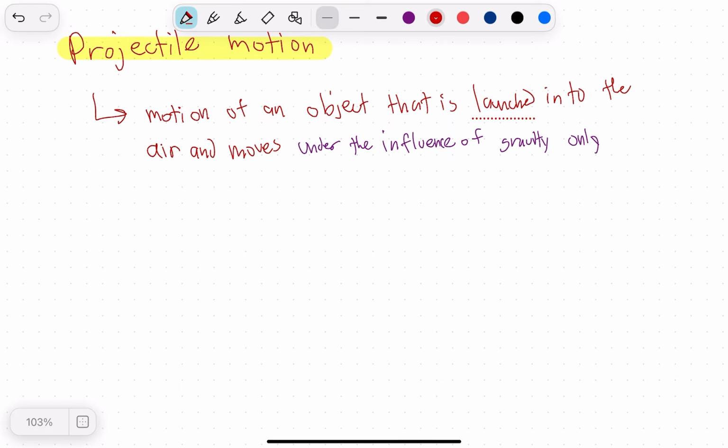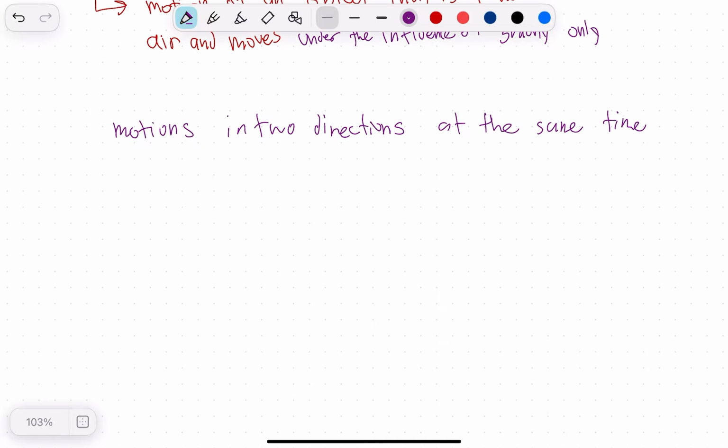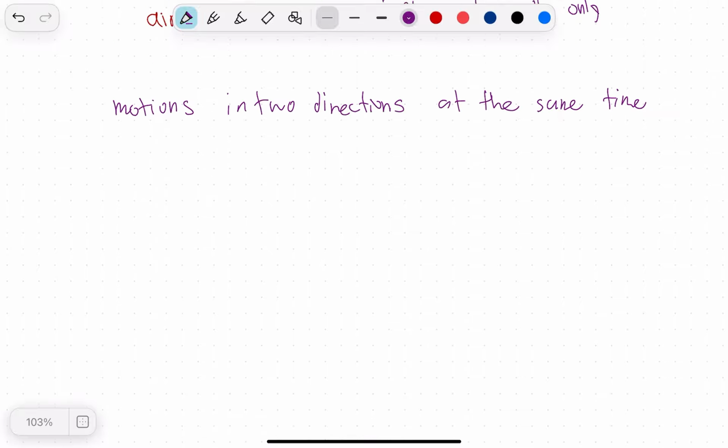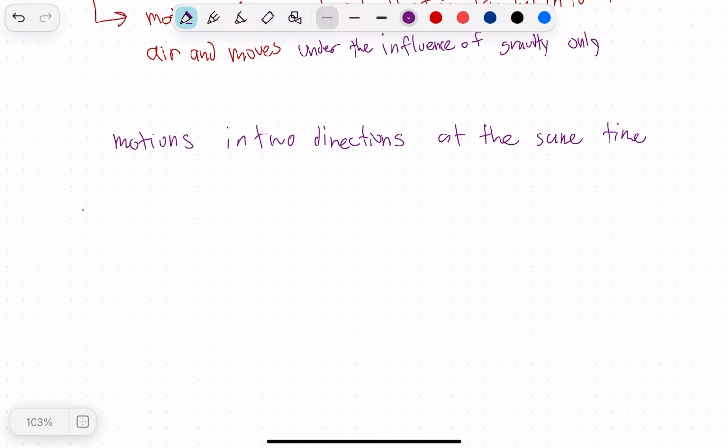Now, one of the most important ideas in projectile motion is that motion happens in two directions at the same time. So when we look at projectile motion, let's just say there is a ball right here, pretend this is your object.